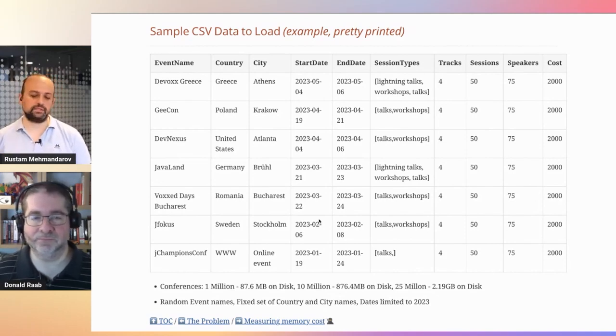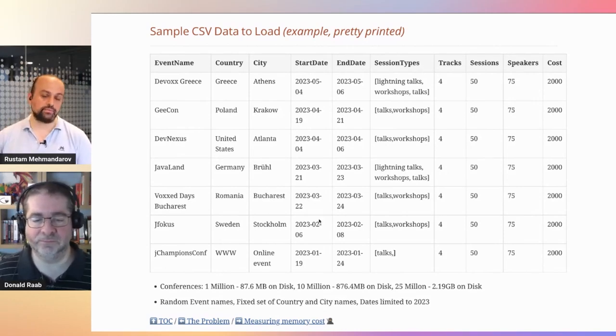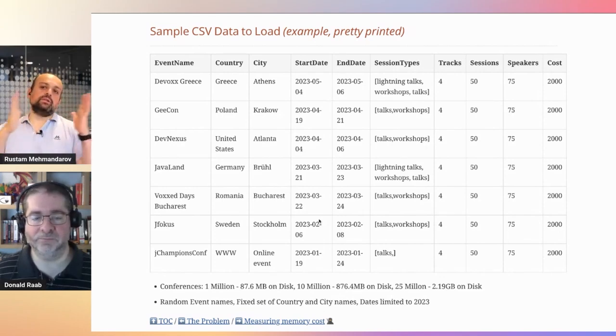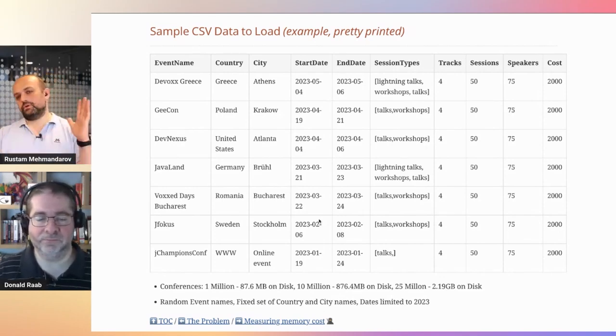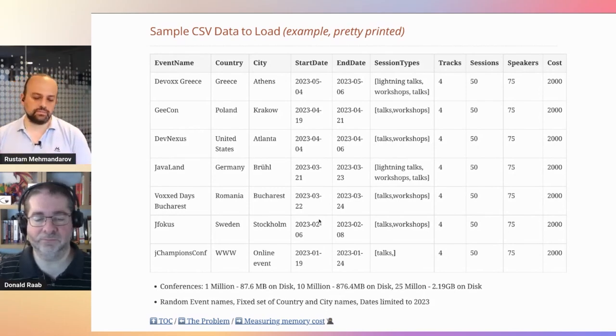To create all that, we have a script or a Java class that randomly generates data, and we can generate that in a deterministic way, where we randomly generate random strings going as names between a certain length. So it can be a little bit smaller, a little bit bigger, but roughly the same size, and randomly generated. Same goes with the countries. We have a set of countries that we pull from.